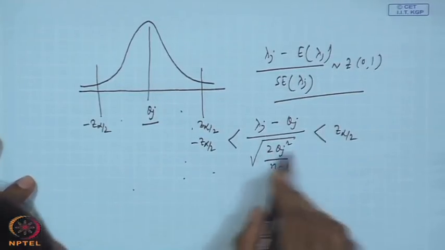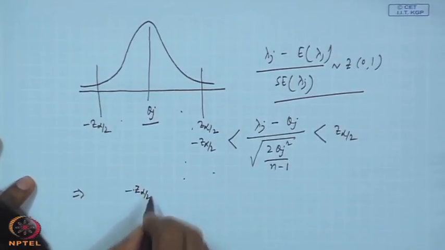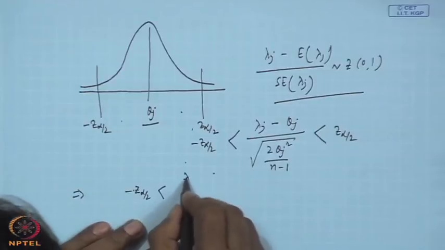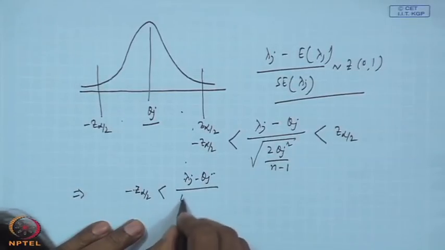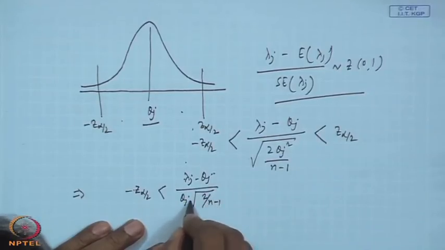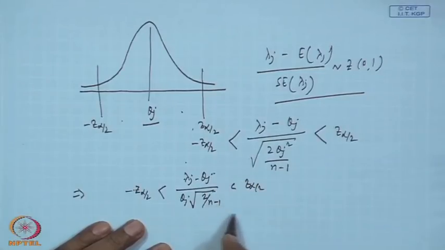Ultimately this can be written as: minus z alpha by 2 less than lambda j minus theta j, divided by theta j times the root of 2 by n minus 1, less than z alpha by 2.